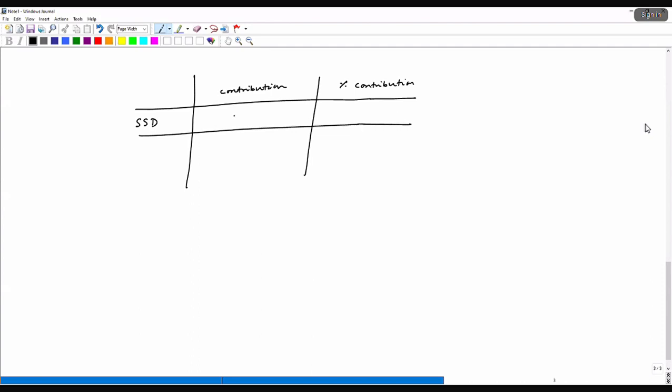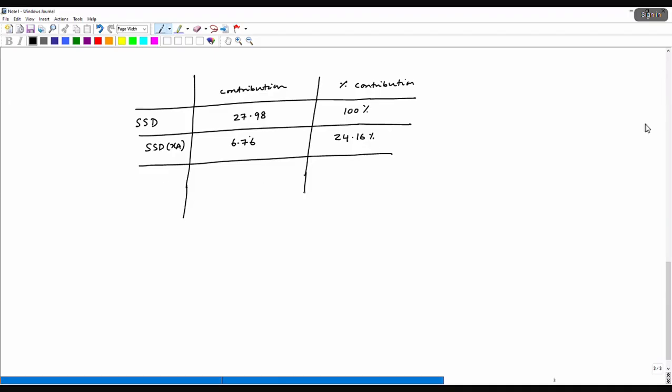The total is 27.98, which is basically 100%. Out of that, SSD coming from XA is 6.76, and that is 24.16%. You divide 6.76 by 27.98 into 100, so that will give you 24.16%.